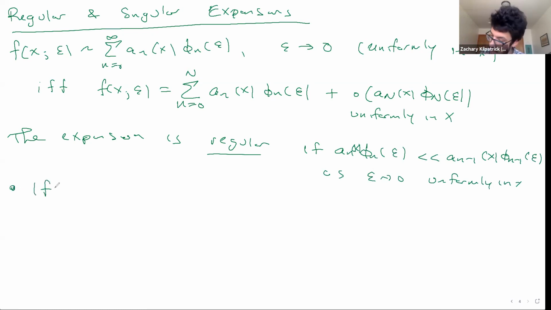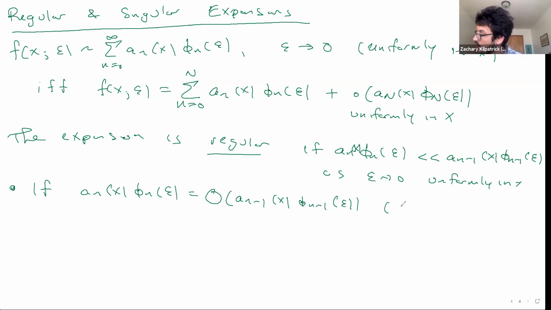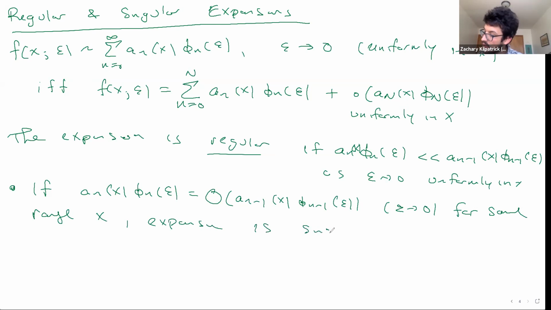On the other hand, if a n of x phi n of epsilon equals big O of a n minus 1 of x phi n minus 1 of epsilon, where epsilon goes to 0, for some range in x, then the expansion is singular, okay?